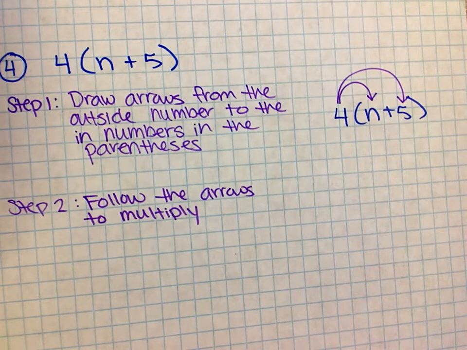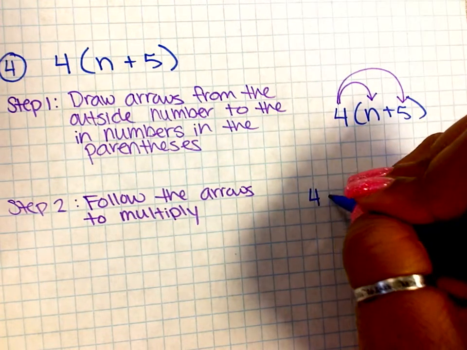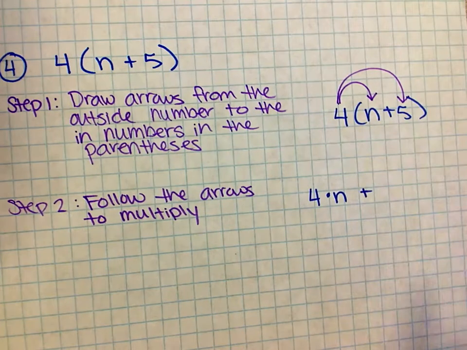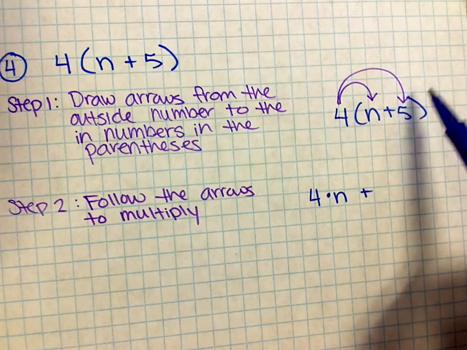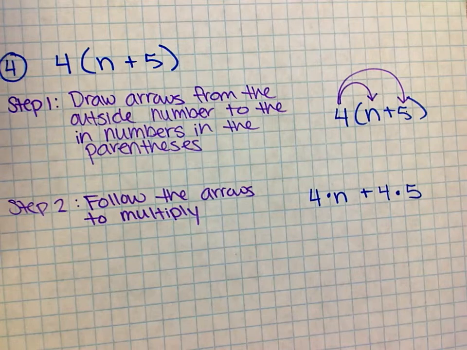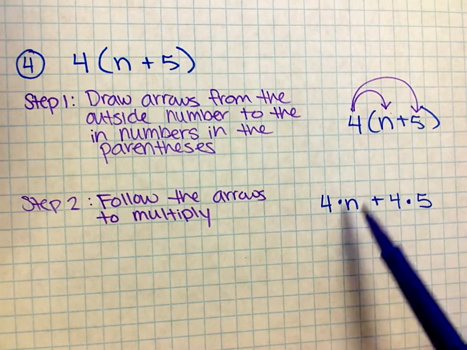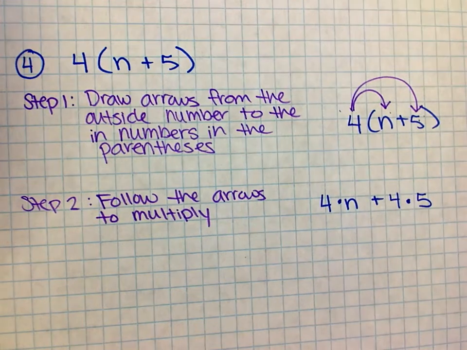So if I follow my arrows, I get 4 times n plus 4 times 5.